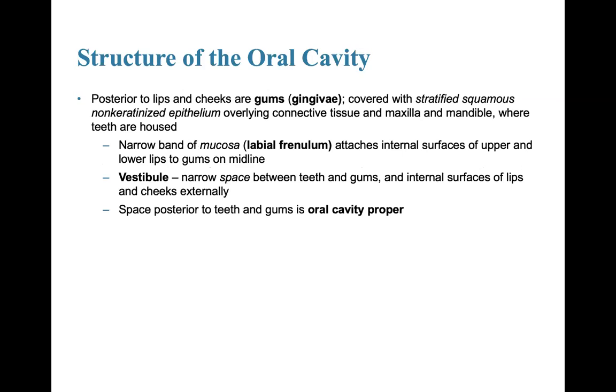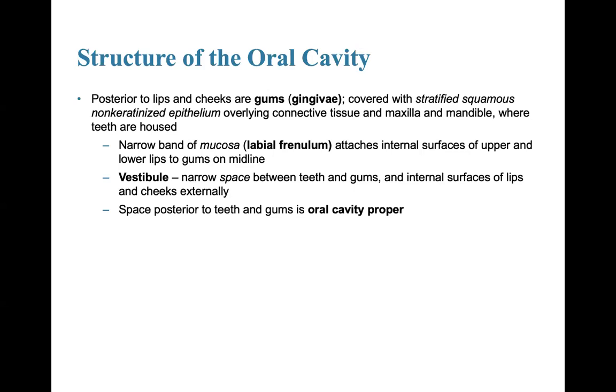Posterior to the lips and the cheeks are the gums, or gingiva, which is covered with stratified squamous non-keratinized epithelium as well, overlying connective tissue, and the maxilla and the mandible are where the teeth are going to end up being housed.